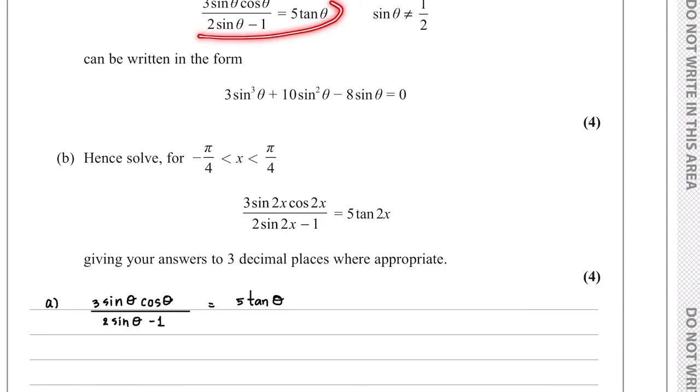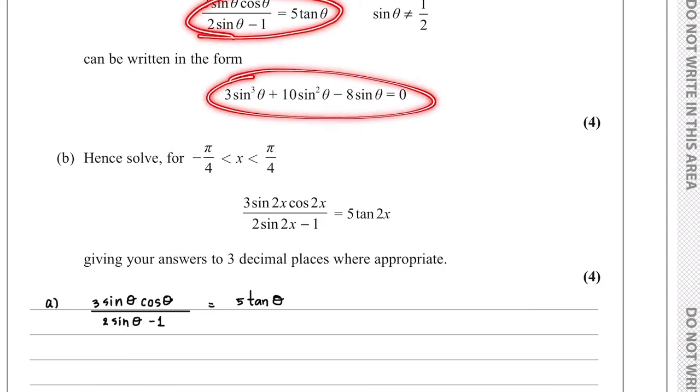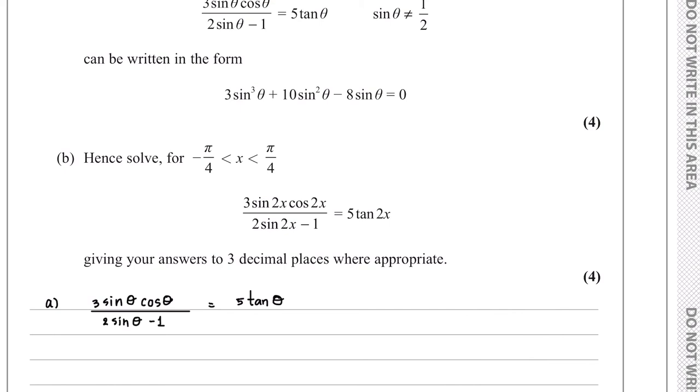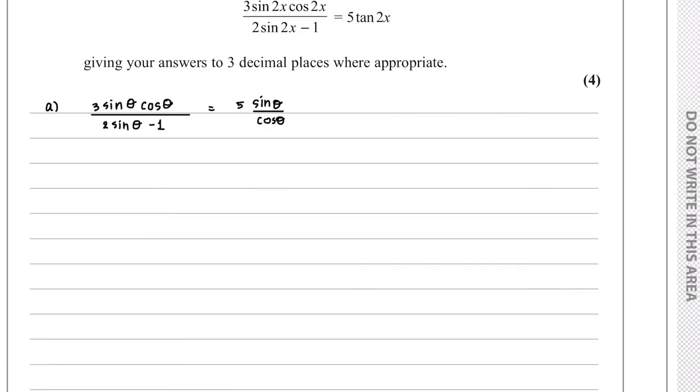To rearrange from this equation to this equation, we have to change all the trigonometric terms to be sine. 5 tan theta, we change it to sine theta over cos theta. After that, we move cos theta to the left-hand side and then we move this whole term to multiply the right-hand side.